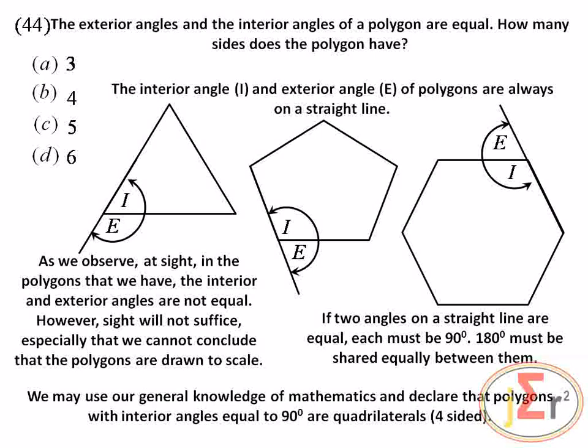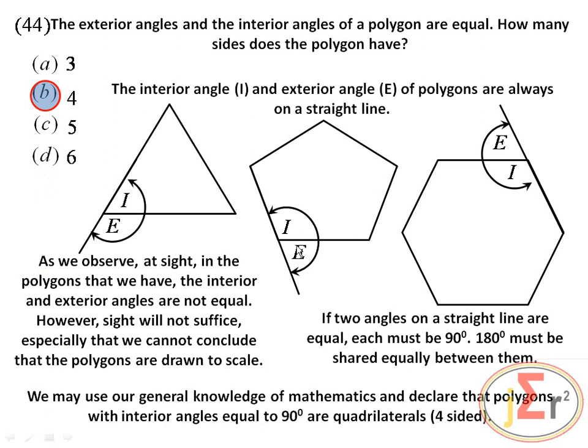Because if the exterior and interior angle are equal, then each angle is 90 degrees. The polygon with interior angles equal to 90 degrees will no doubt be a quadrilateral, 4 sides. So there is your answer, option B.